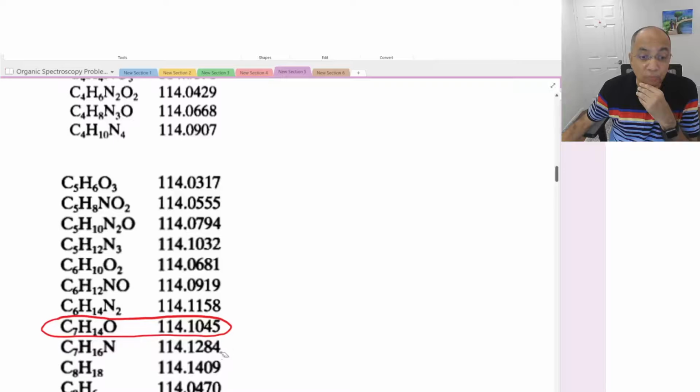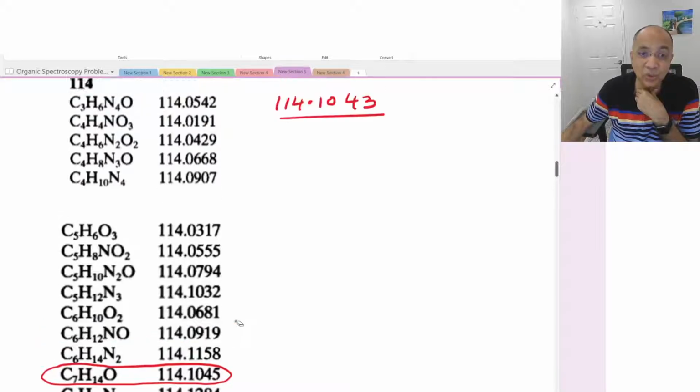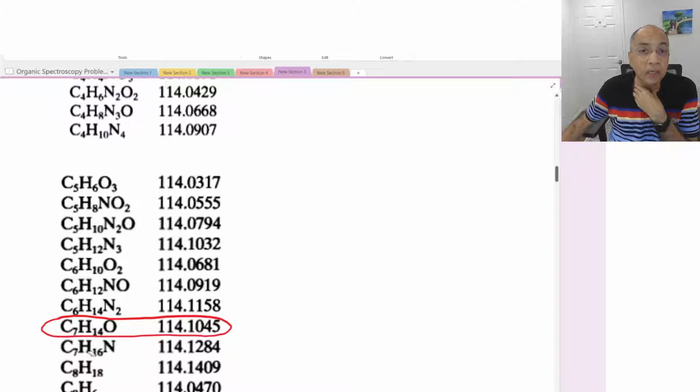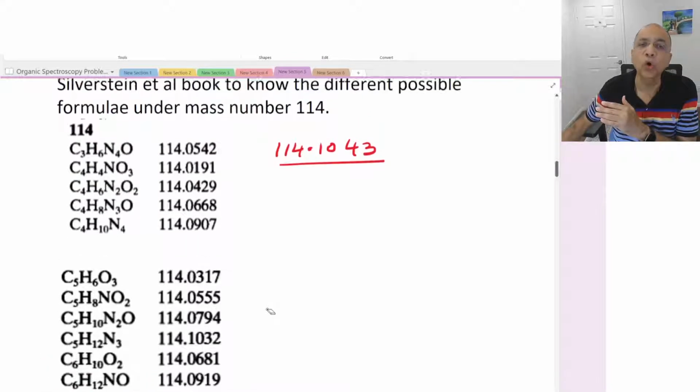But it should match closely to the molecular ion, an exact molecular mass. So our choice of molecular formula is now made correctly, C7H14O.